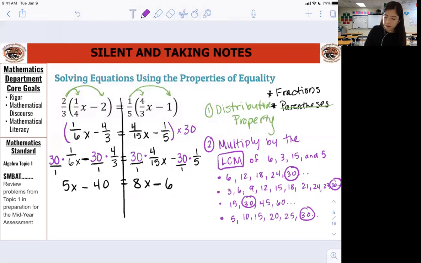We got rid of them. And from here, I want you guys to finish it out. So solve for x on your own. Should be 3 more steps.